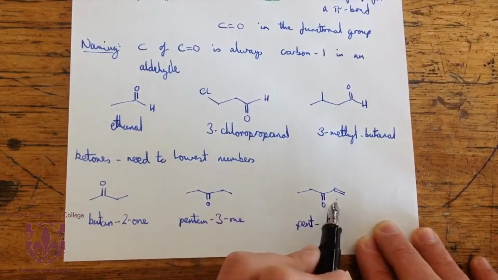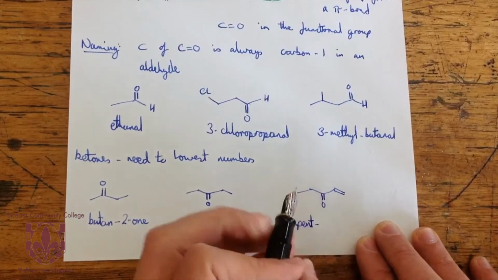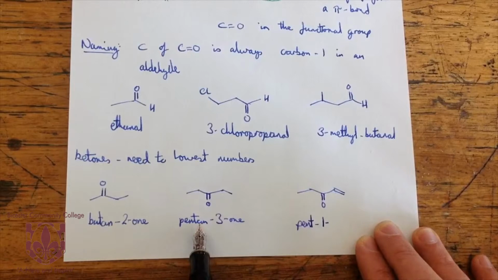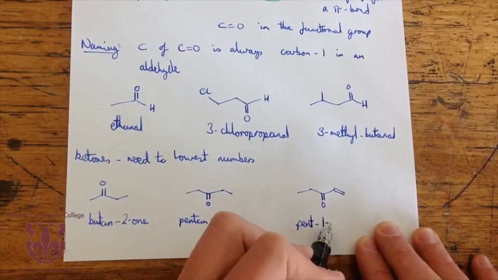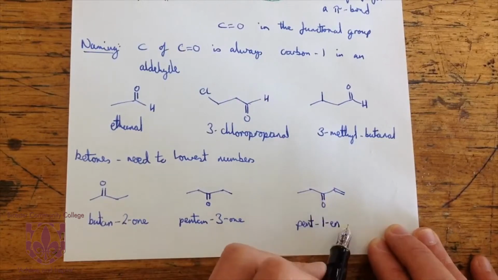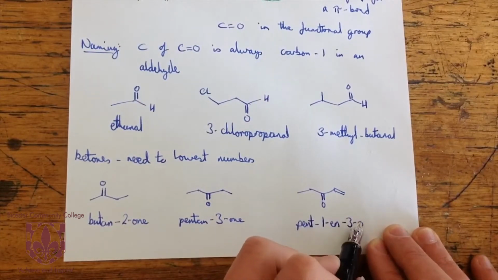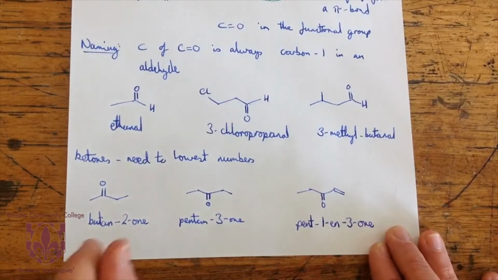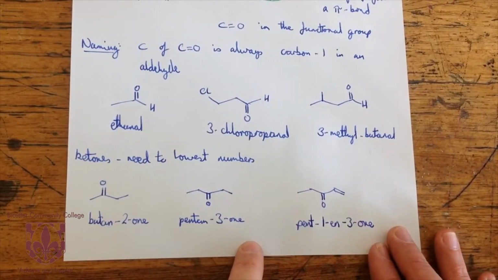And then we've got a double bond on carbon 1, so pent-1. And because we've got a double bond, we can't use an 'an' like we did here. So it's pent-1-en-3-one. So quite tricky there, that one.